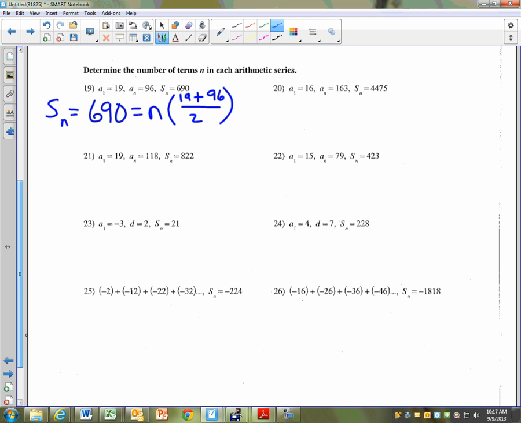Somebody, 19 plus 96 divided by 2. What do you get? 690 divided by 57.5, 12. So I found the number of terms, yes. That's all I need to do. So see, these don't have to be super difficult, do they?